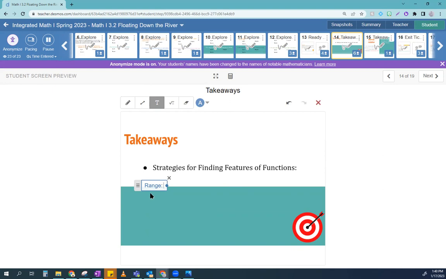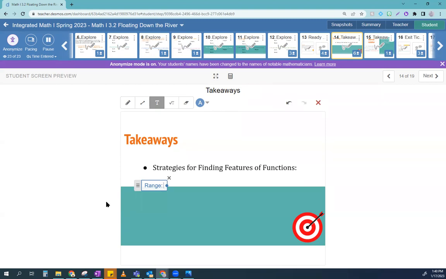So, what do you use? What's your strategy for finding the range of a function? You guys said some of them, but I want to make sure that it's super in your brain. When I say range, what are you looking for? Very good.